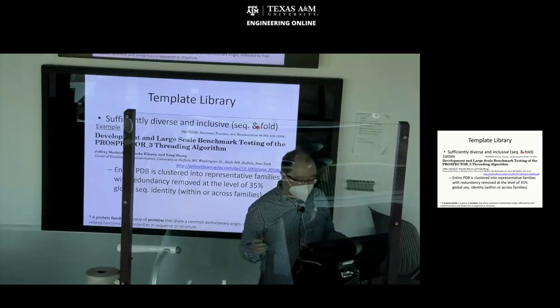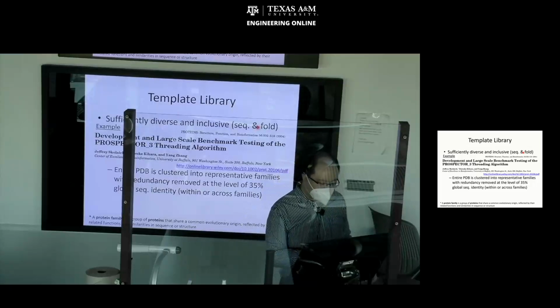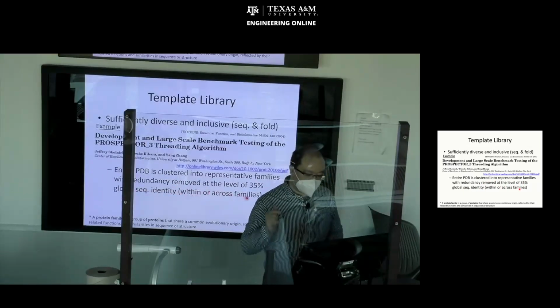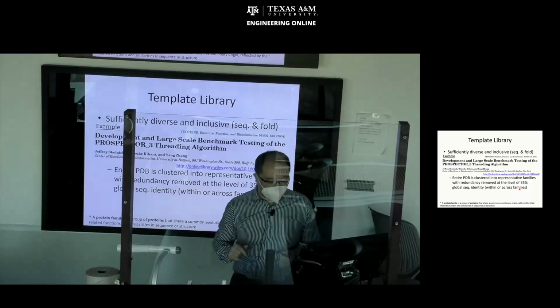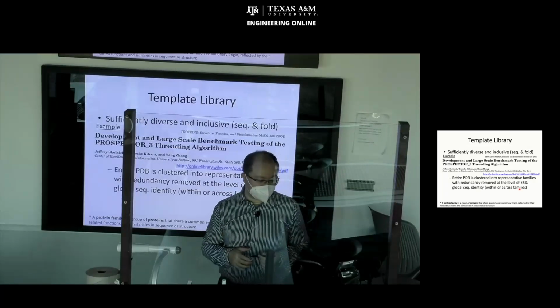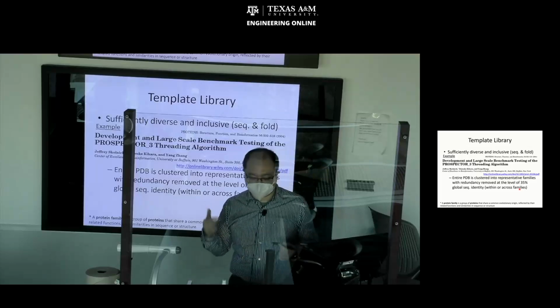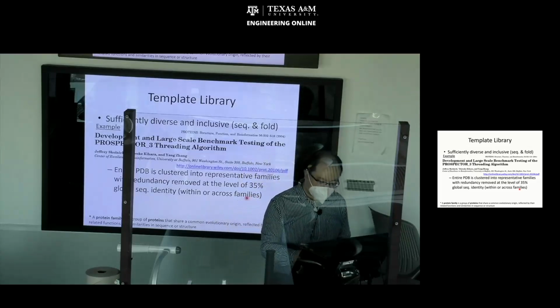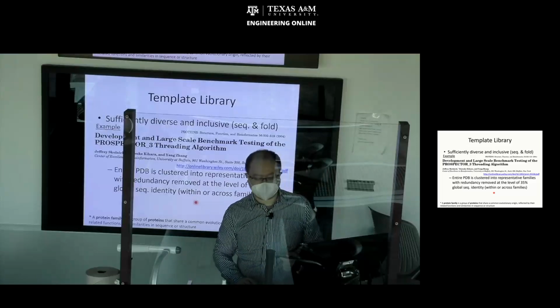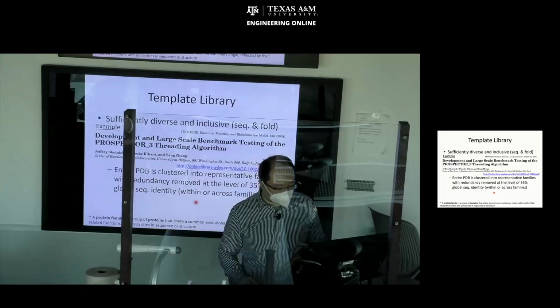What people usually do is, for instance, in this paper, they cluster the entire PDB into representative families at the level of 35% global sequence identity, right? As you see in homework question 1, PDB actually gives you such clusters, which are updated on a daily basis. Okay, so getting the template library is done in this way.